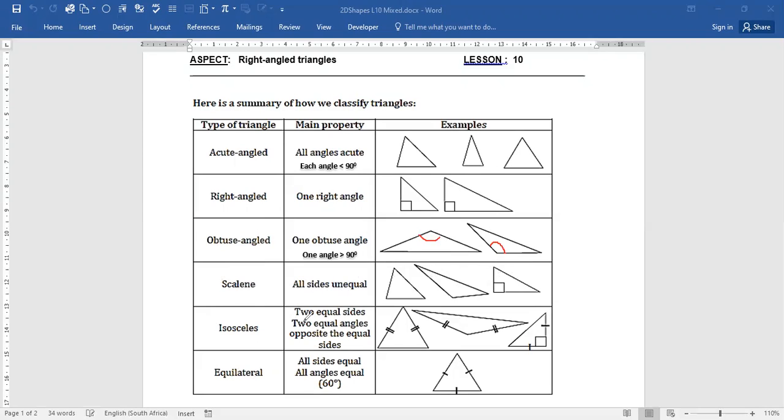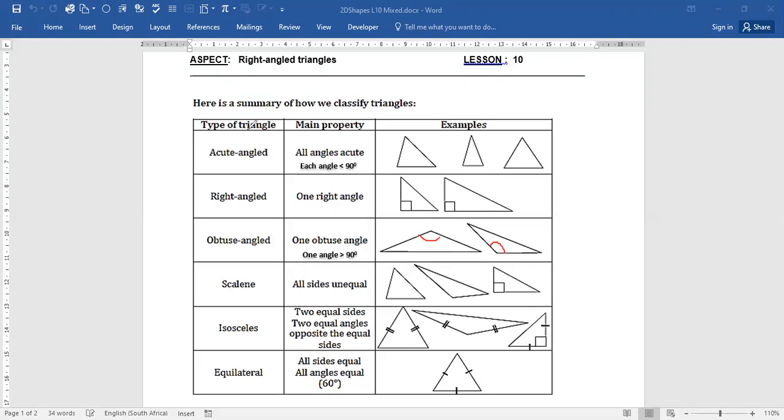In an isosceles triangle, two sides are equal, which means two angles are equal as well. In an equilateral triangle, all sides are equal and all angles are equal. So no sides are equal in a scalene, and obviously the angles are also unequal. Two sides are equal, so two angles are equal, and three sides are equal or three angles are equal.